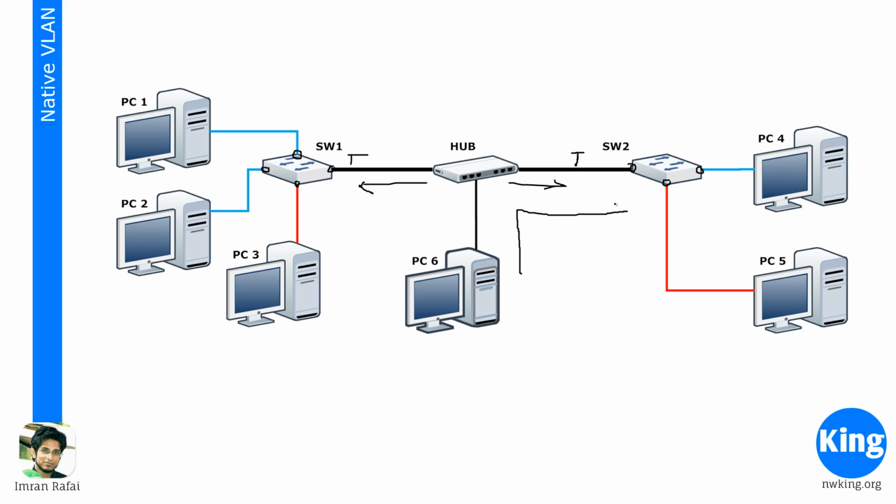And it comes to the switch, and this switch, this trunk port, says, okay, this is traffic coming from a switch, but that frame does not have a VLAN tag. Now, if there is no VLAN tag, which VLAN will that traffic go into? Will it go into VLAN 20 or will it go into VLAN 10, right? Now, the switch doesn't know that. How will the switch know?